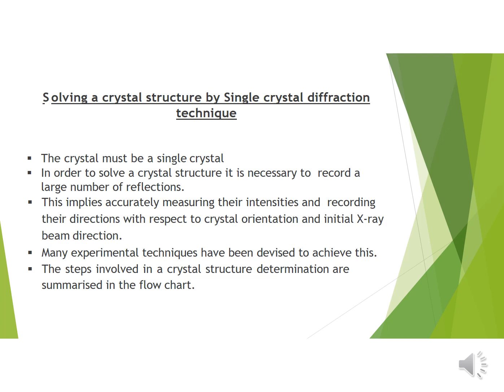In order to solve the crystal structure, it is necessary to record a large number of reflections, and this implies accurately measuring their intensities and recording their directions with respect to the crystal orientation and the initial X-ray beam direction.